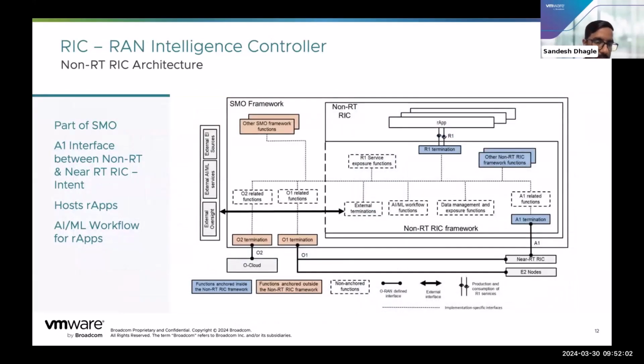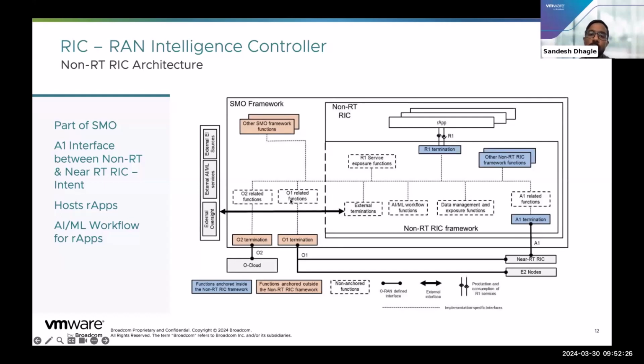Okay, so let's look at what is inside these RAN intelligent controllers, right? If you look at the non-real-time RIC, the first important thing is A1, which is coming from the near-real-time RIC, and there is an A1 termination here. And similarly, there's an O1 termination.